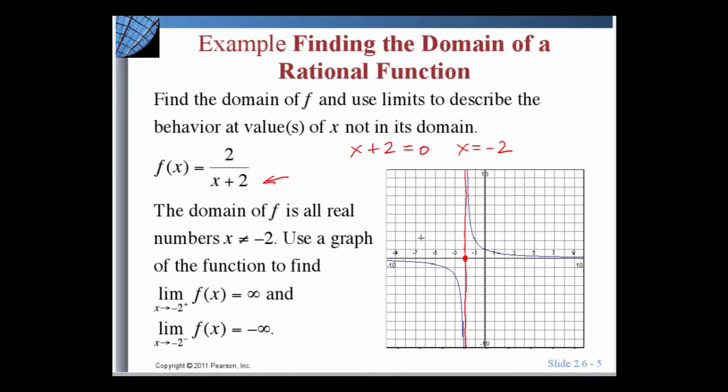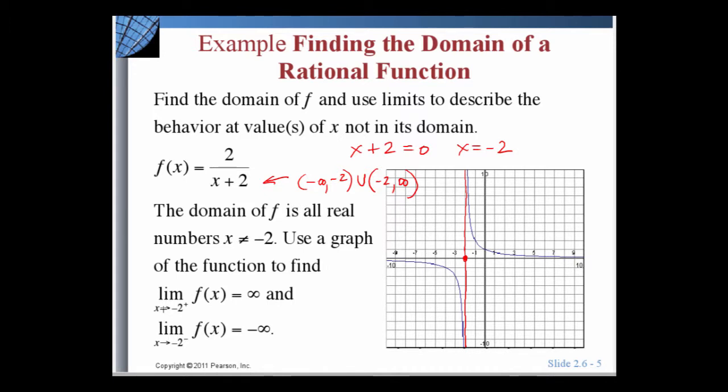So we would write the domain of f as -infinity to -2, union, -2 to infinity. The union means this interval and this interval put together is the whole domain for this function f.